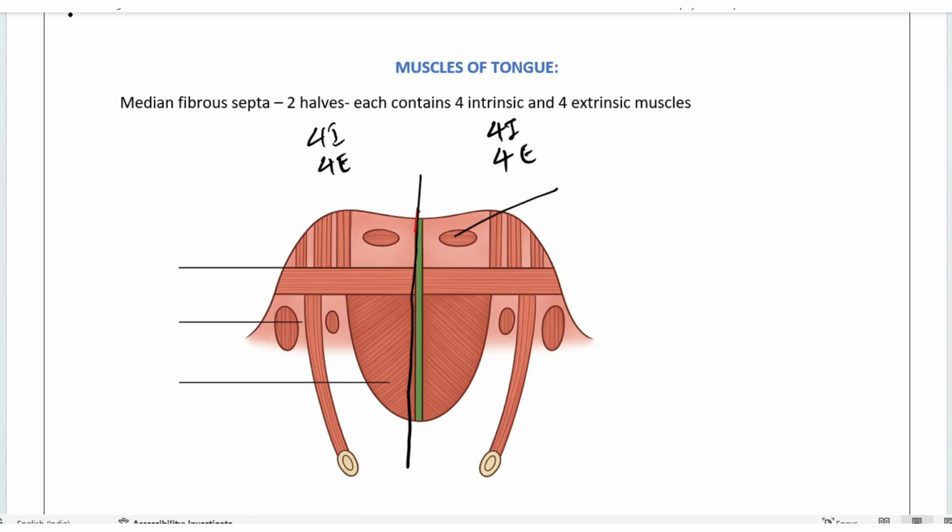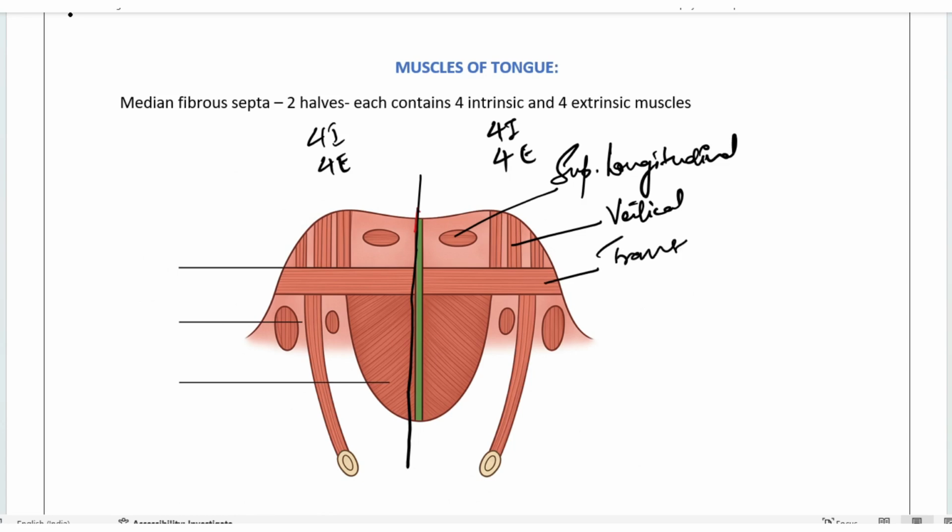Now this is your superior longitudinal muscle. This is vertical. This is transverse. This is inferior longitudinal.